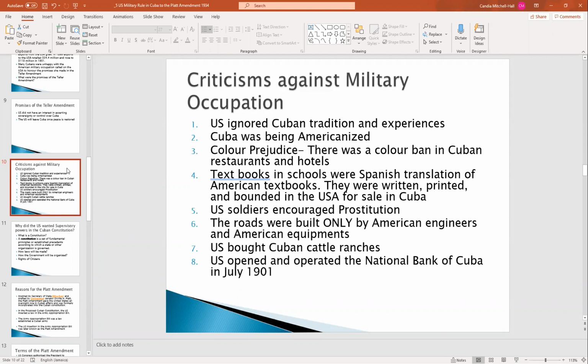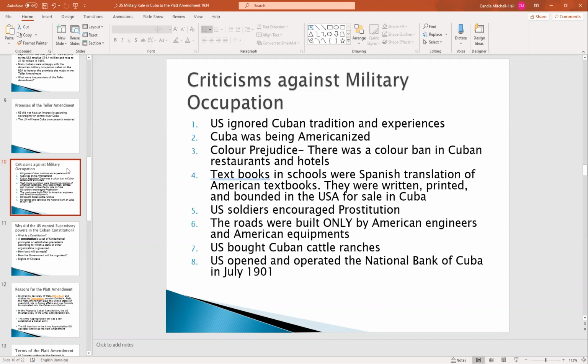And so the US is going to put a color ban in Cuba where blacks could not work in hotels and restaurants. Cubans didn't like that. They didn't like the fact that America is bringing their way of life there.